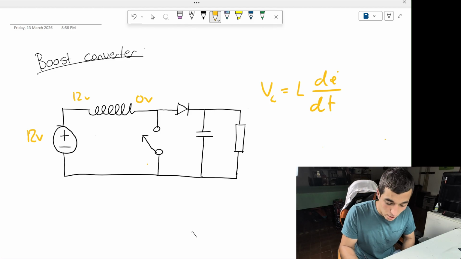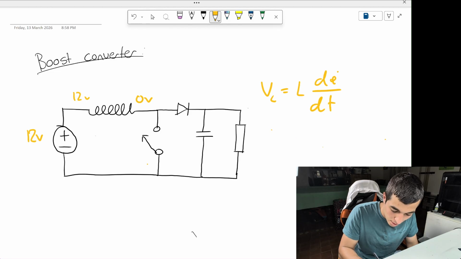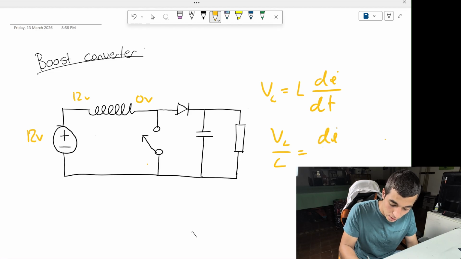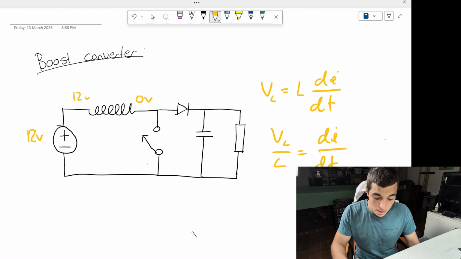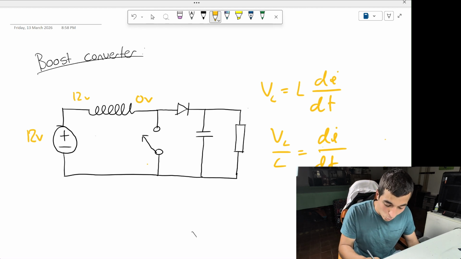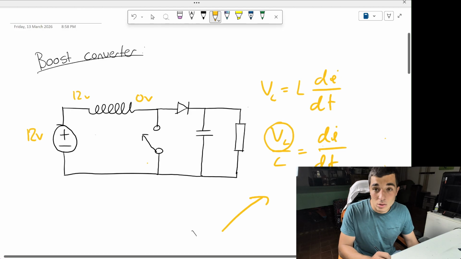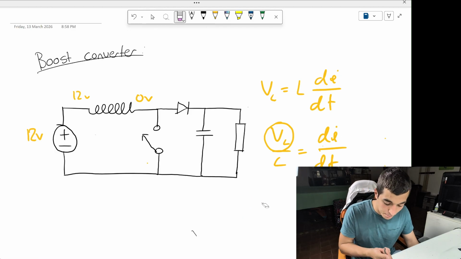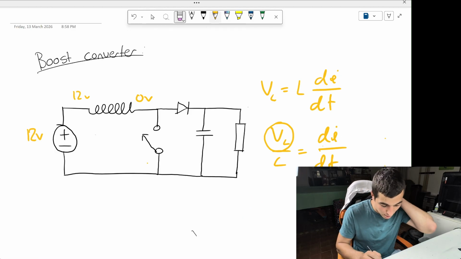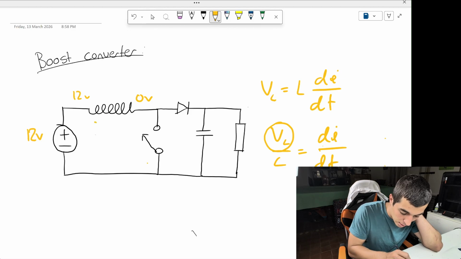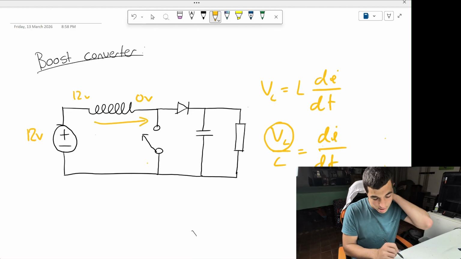I'll also write this one down: inductor voltage over inductance is the change in current. What do these two equations mean? Well, they mean that if we want a big change in current, we need voltage across the inductor.